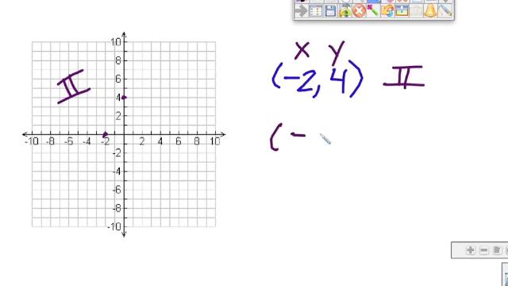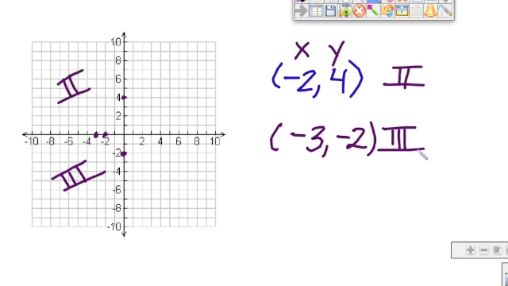Okay, what about this one? What if we had -3, -2? Well, they're both negative, which means I have a -3 here, I have a -2 here, so I am looking down here at quadrant 3. So the answer to that one would be quadrant 3. Okay, what if I had 2, 5? 2, 5 would be 2 and 5, so I'm obviously looking here at quadrant 1.